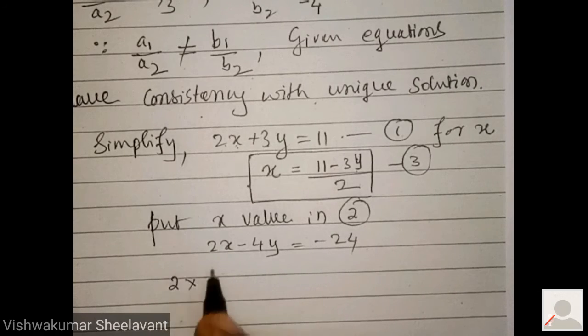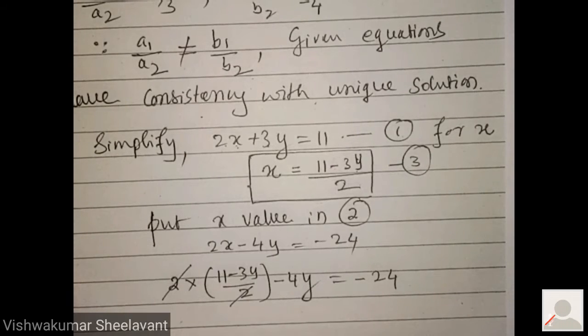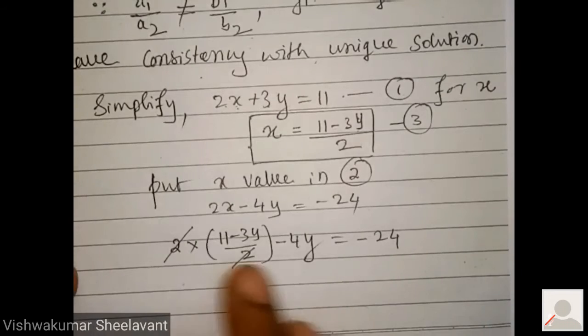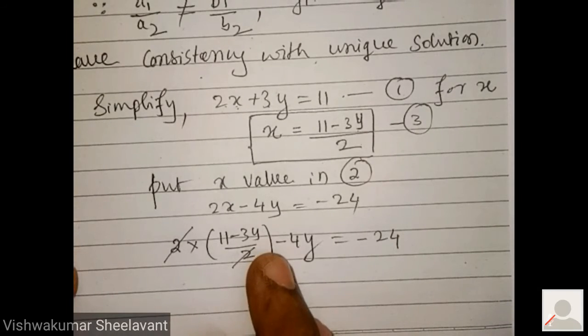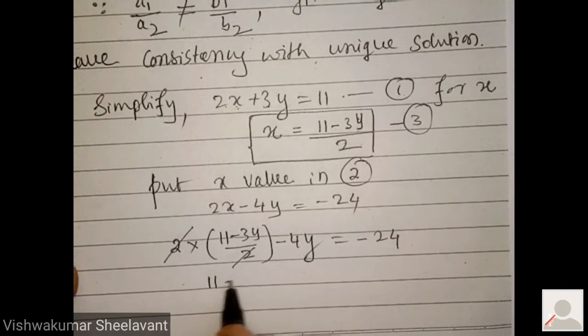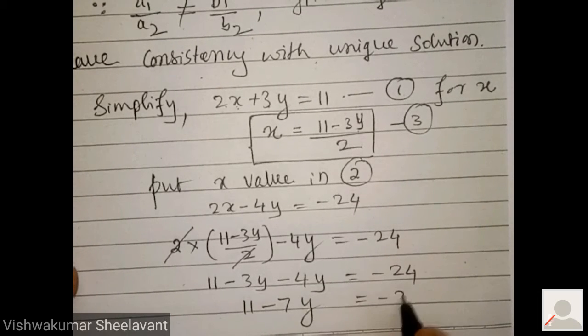So 2 into 11 minus 3y by 2, minus 4y equal to minus 24. Here 2 and 2 get cancelled. If they do not get cancelled, then multiply throughout by the denominator. Then equation will be simplified automatically. So you have 11 minus 3y minus 4y equal to minus 24. 11 minus 7y equal to minus 24.